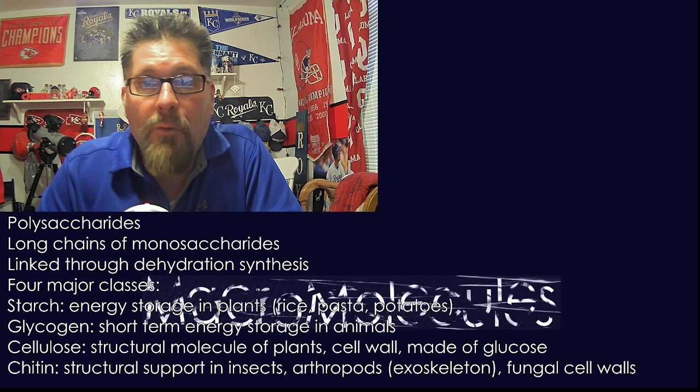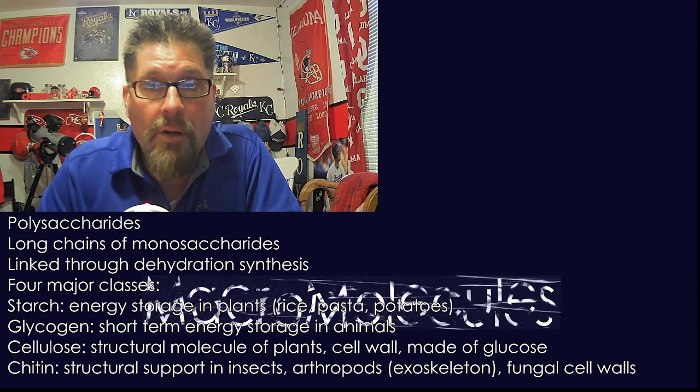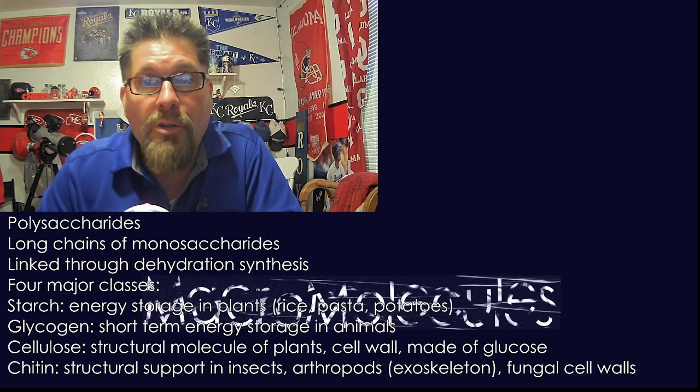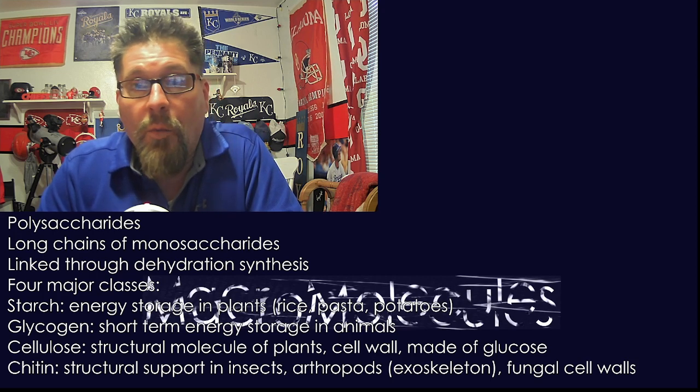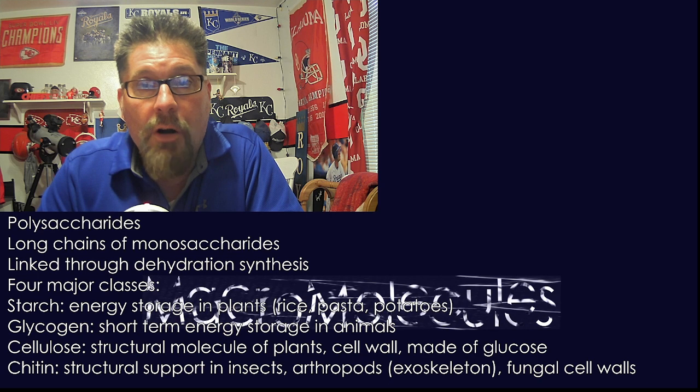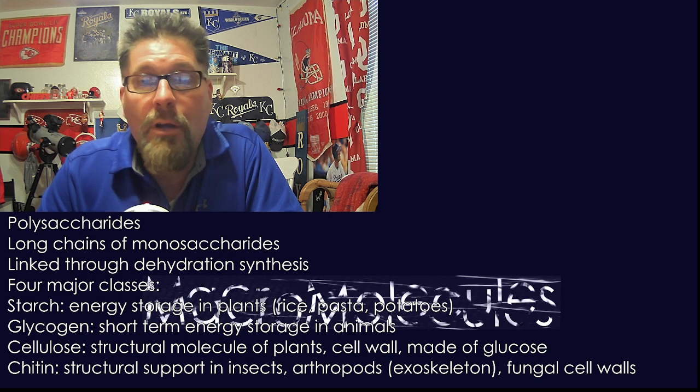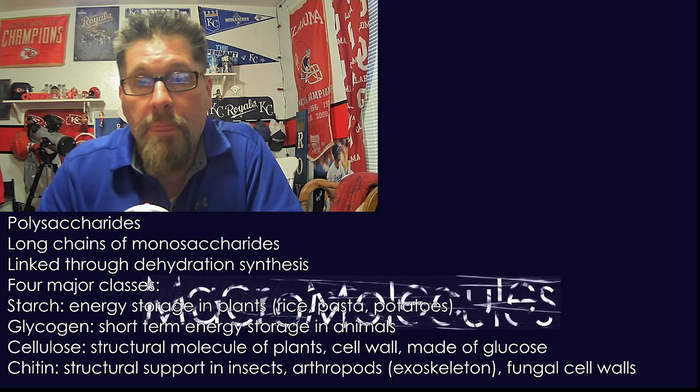A plant will make a glucose molecule, and then take several of those and build and convert it to a starch. We, as carnivores, will come along and eat those food sources and take that energy molecule and convert it to glycogen for short-term energy storage in animals.